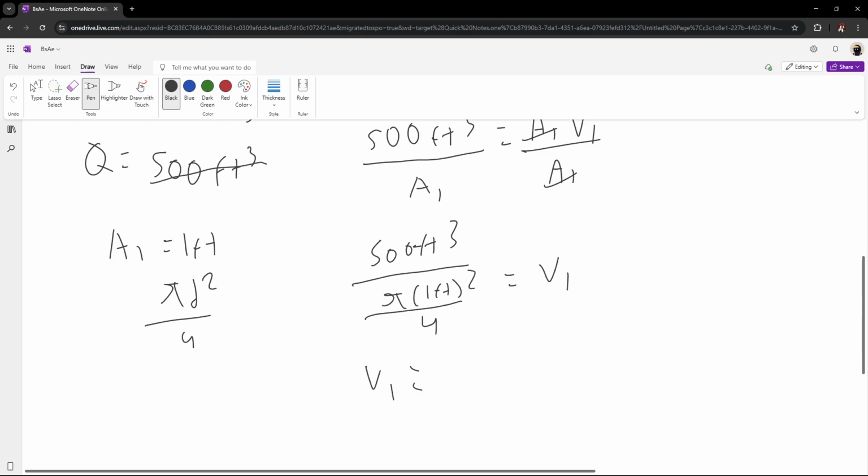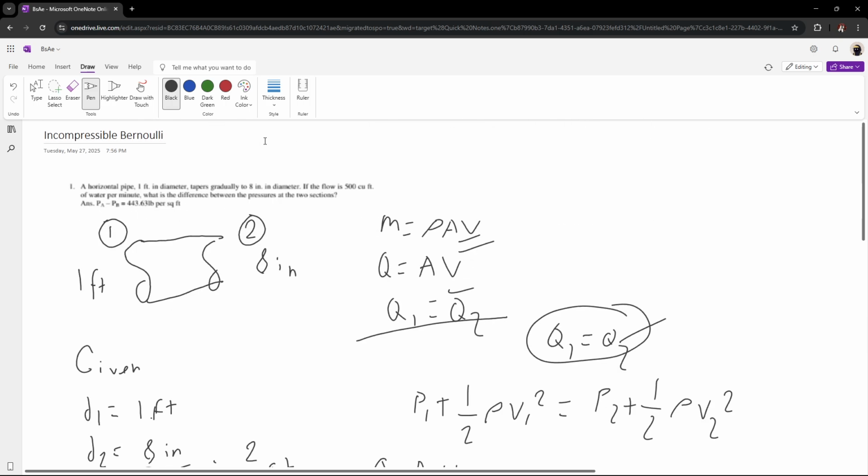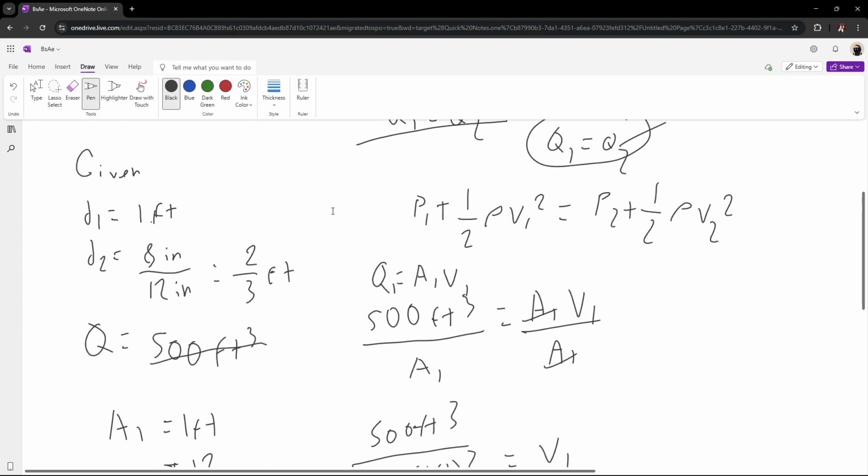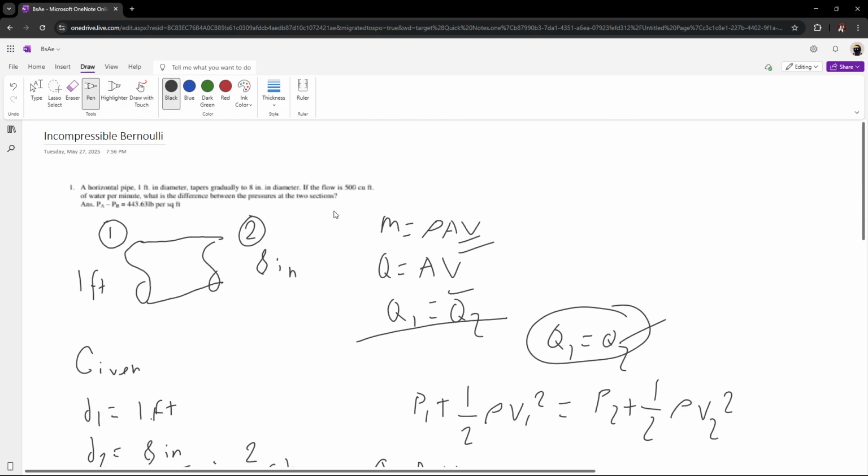We get a velocity 1 of 639.619 foot per minute. Let me check that. Yep, per minute. This is per minute because it is 500 cubic foot of water per minute.